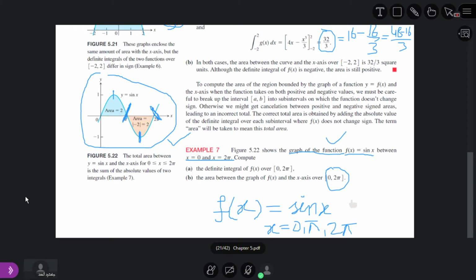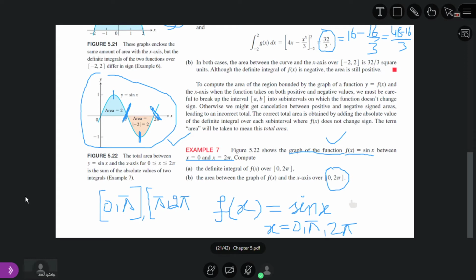So here we divide the interval into two sub-intervals: from 0 to pi, and then from pi to 2 pi.